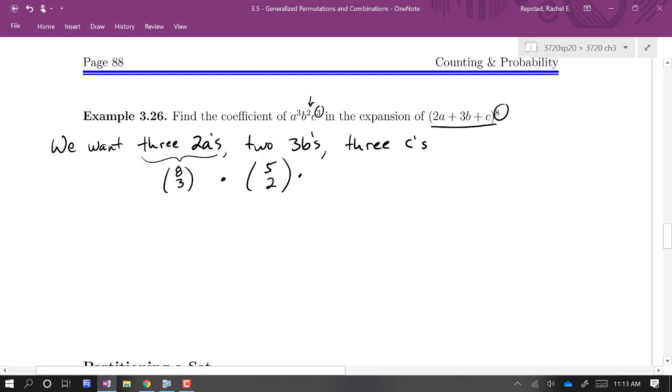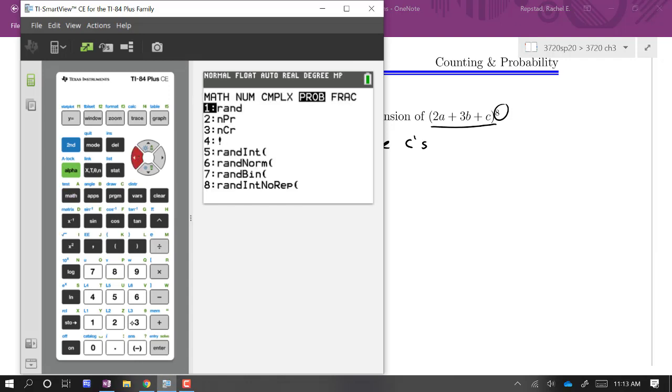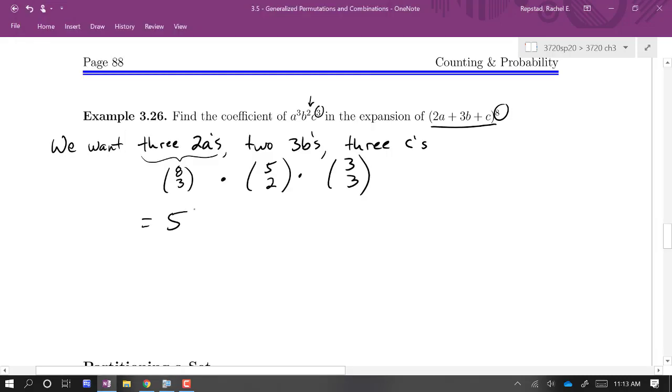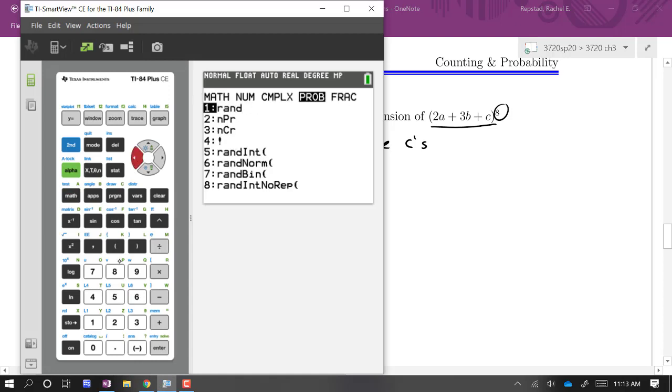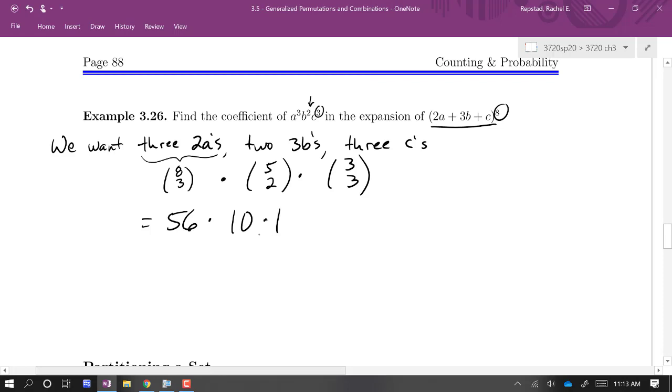And then now there's 3 spots left, and there's only one way, 3 choose 3. One way to pick the 3 c's that I'm going to grab. So 8 choose 3 is 56, 5 choose 2 is 10, 3 choose 3 is 1, so 560.